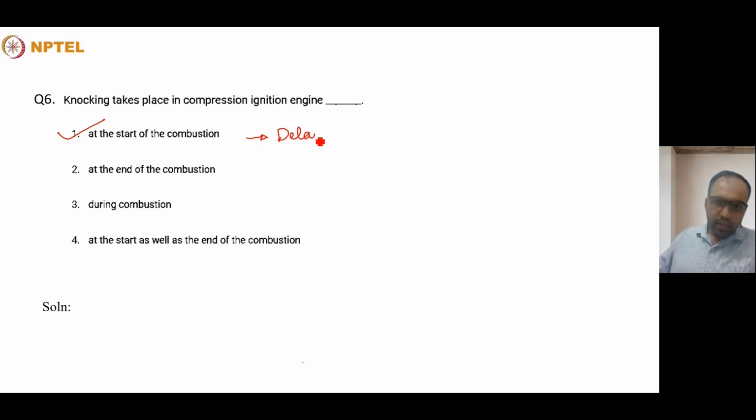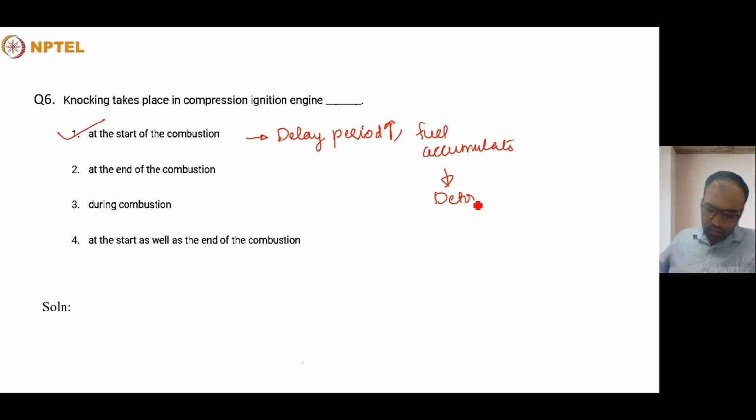The delay period increases, fuel accumulates more, pressure increases, and it detonates at the beginning of combustion.